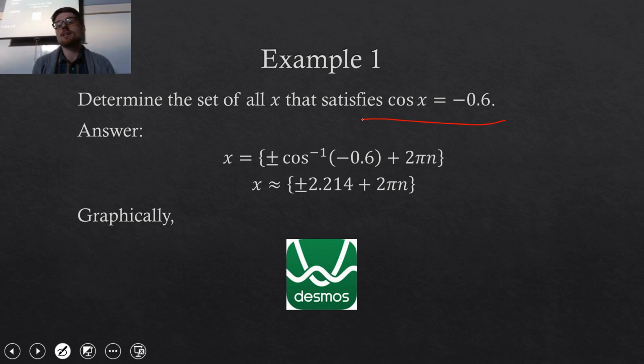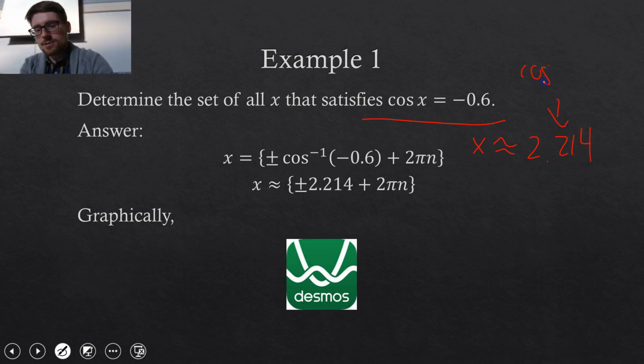If we just evaluate with the inverse function, we would get x equals roughly 2.214. So I would encourage you to actually get a calculator out, do the inverse cosine of -0.6, and that's what you get. So this is cosine inverse of -0.6.